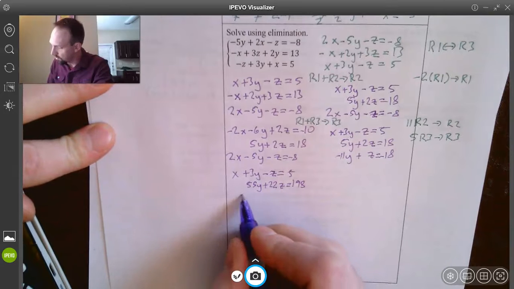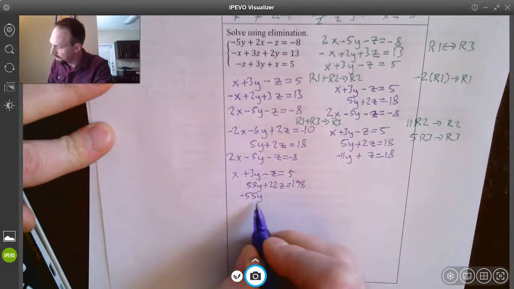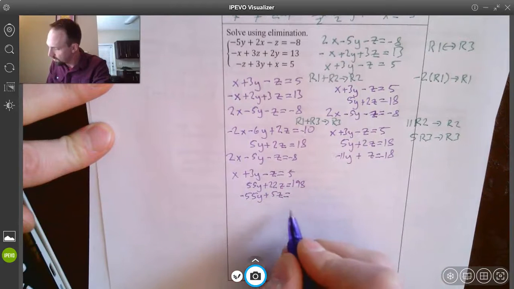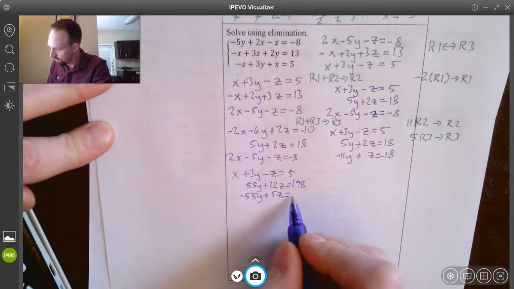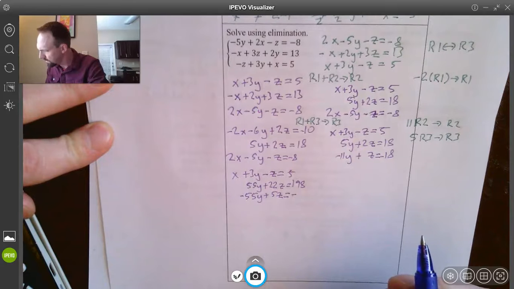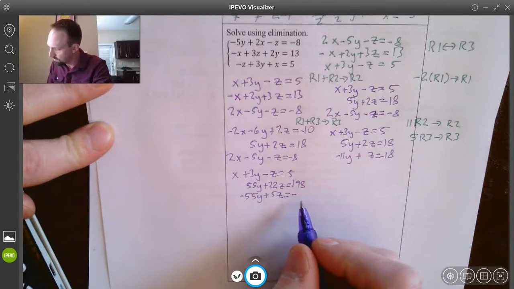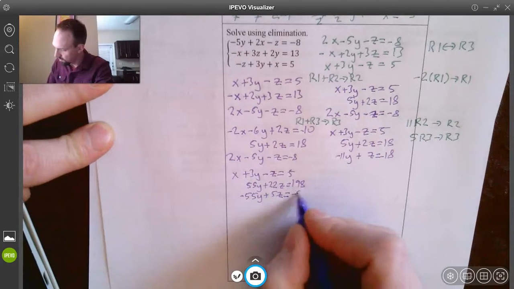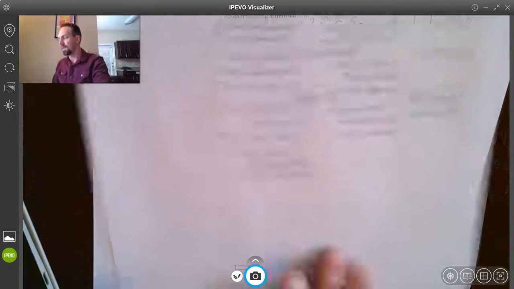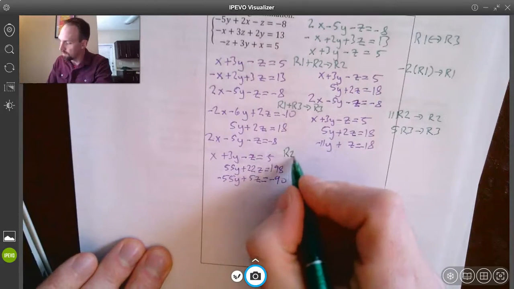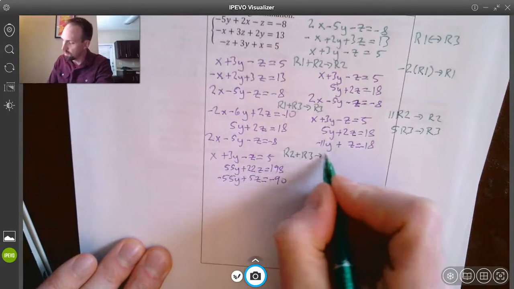And then 5, so negative 55y plus 5z equals 5 times negative 18. There we go. Negative 90. Cool. Now I add row 2 and row 3. That'll become my new row 3. Row 2 plus row 3. That'll be my new row 3.